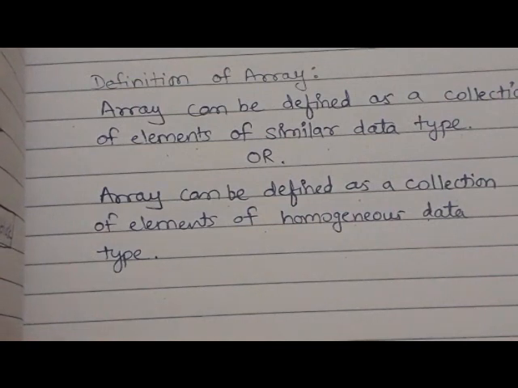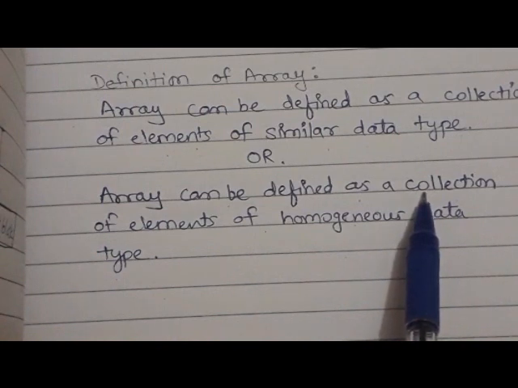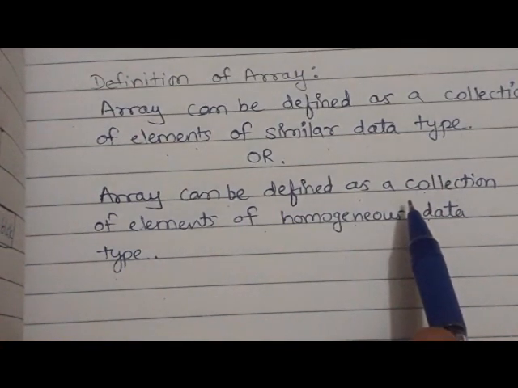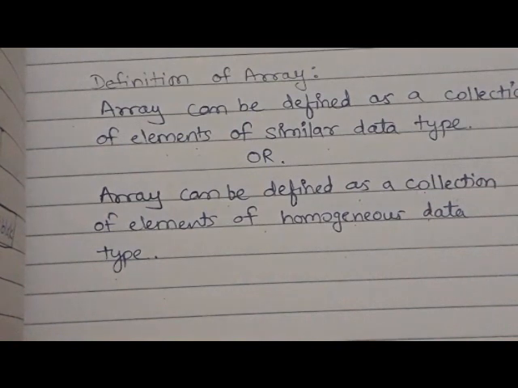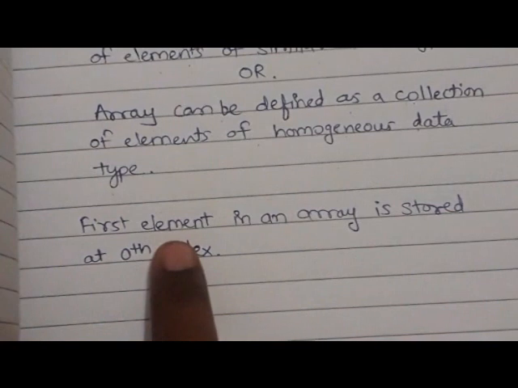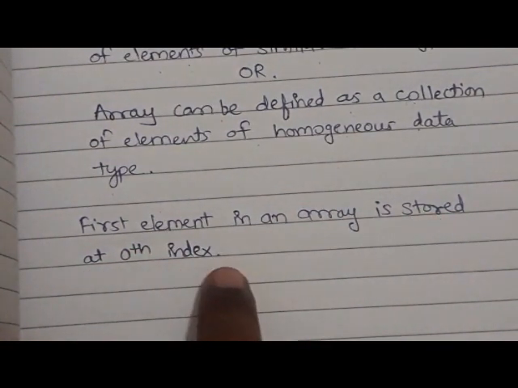If we want to access a specific element of an array, that can be accessed by the index. Within the array, the first element is stored at the 0th index.